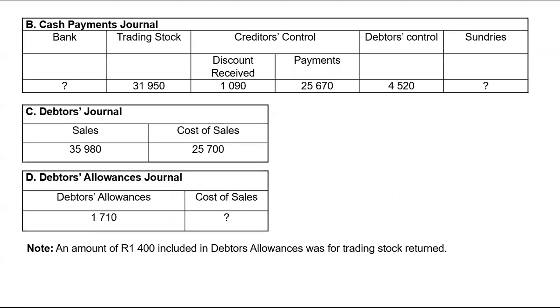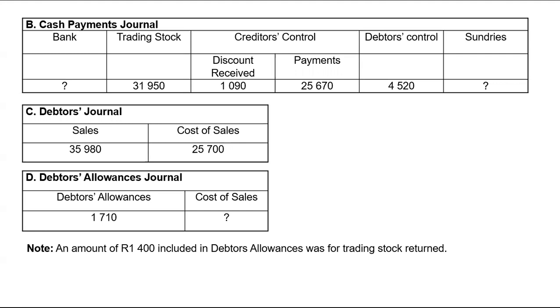Moving right along, when you go to your CPJ, I will need trading stock, I will need creditors control, I will also need debtors control. DJ, I've got sales, I'm given cost of sales. DAJ, it's a problem where they say that we don't have cost of sales. You can easily be fooled by taking that 1,710 and just multiplying it by 100 and dividing it by 140, but you will be wrong because they told you that in that 1,710, only 1,400 of it was for trading stock returned, meaning that the other 310 was not for trading stock.